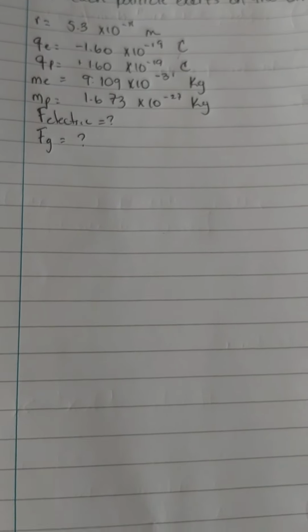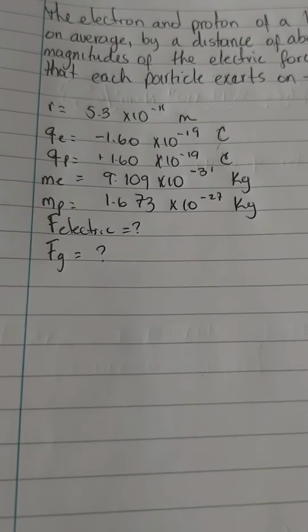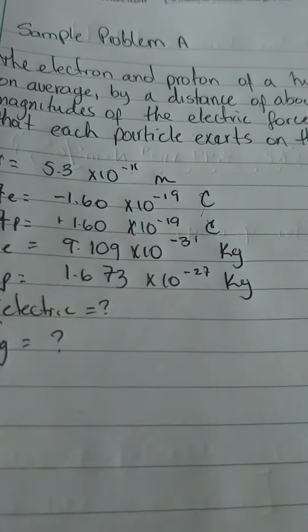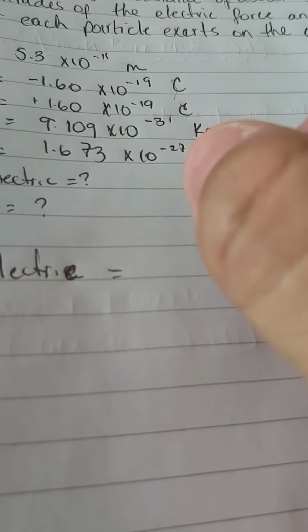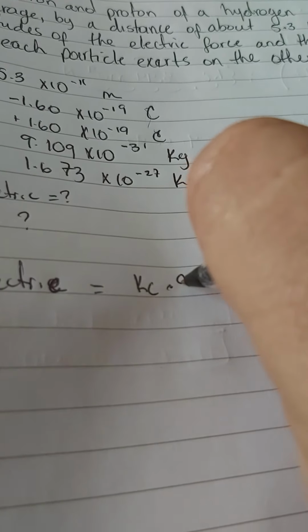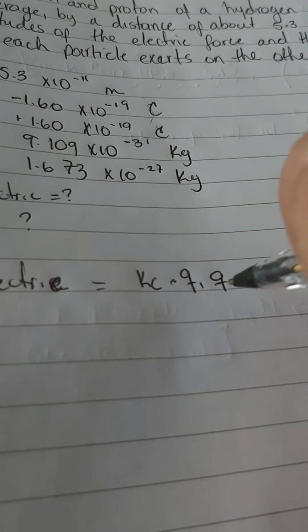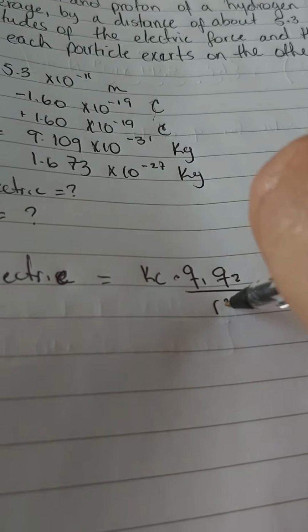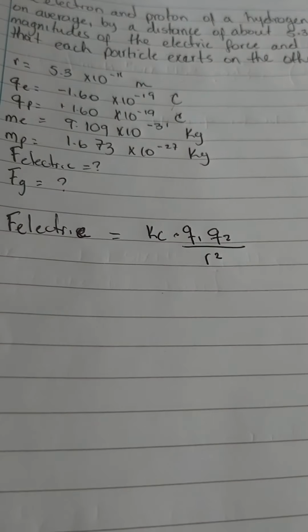Okay, now for the electric force, we're going to use Coulomb's law. So the electric force using Coulomb's law was Coulomb constant times charge 1 times charge 2 over distance squared.